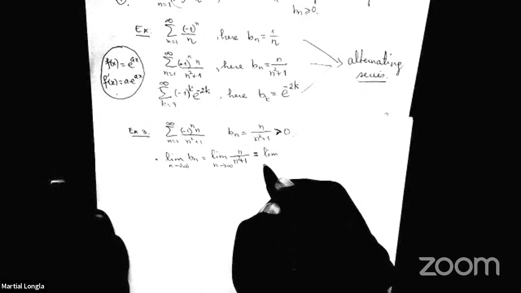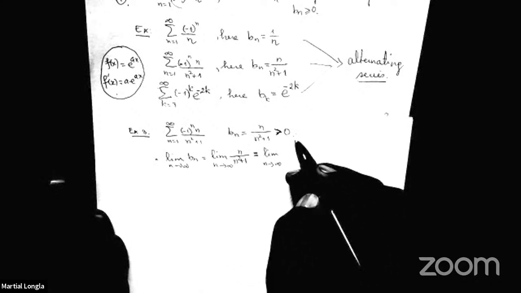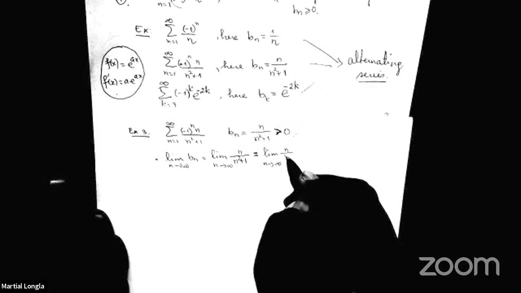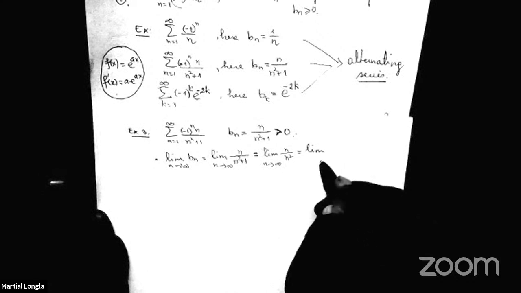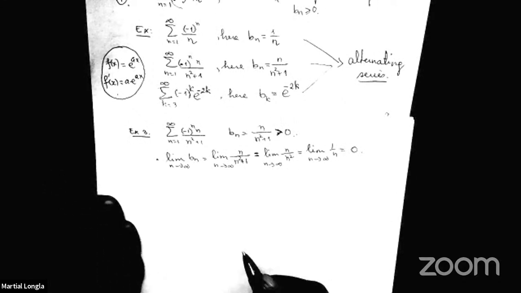You can do L'Hopital's rule or what? Just do that. n over n squared, it's 1 over n. And you could do L'Hopital's rule as well. It's fine. So that limit is 0.